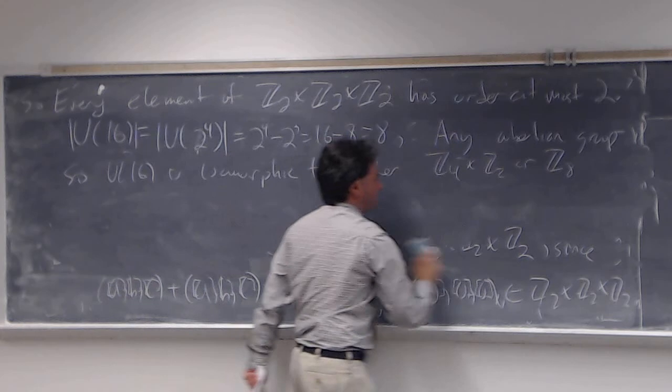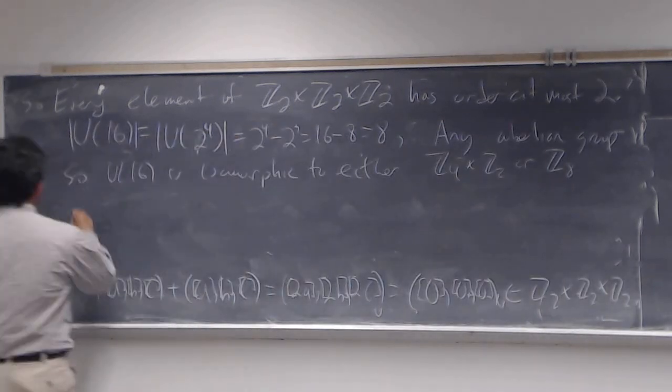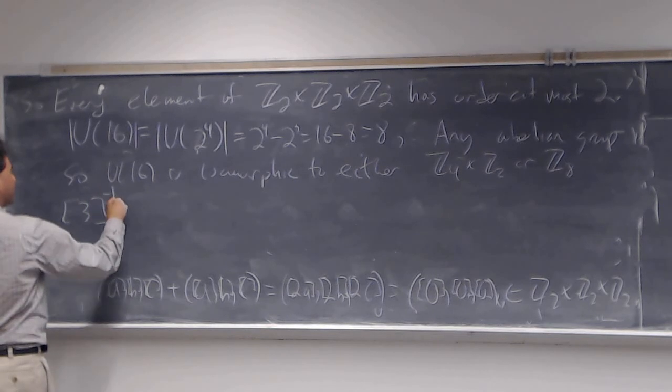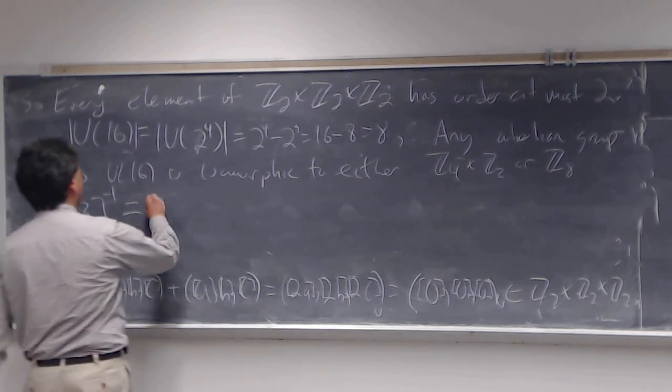So let's see whether U16 is cyclic. Let's see if we can find an element of order 8. Well, what is the inverse of 3? 3 times what would take you to the identity mod 16? 23, 21, that doesn't work. That's 5? 3 times 3, it's not its own inverse. It can't be because it has order 4. Maybe it's 11? 3 times 11 is 33.